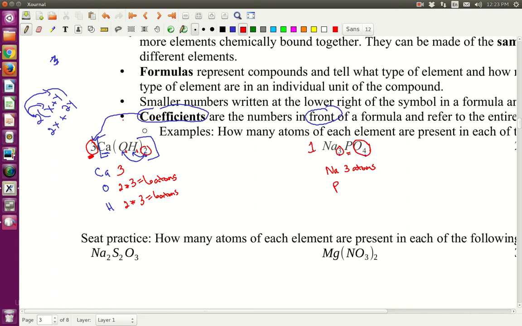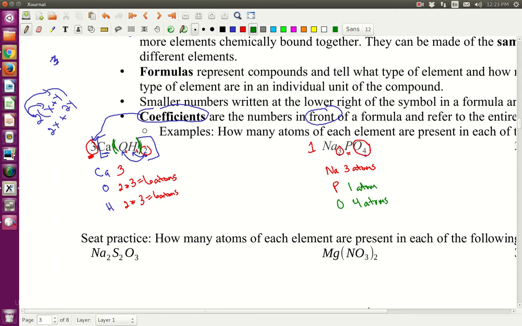See, it has to have parentheses over here, like this one. The parentheses makes that 2 pertain to both the hydrogen and the oxygen. There's no parentheses over here, so for the phosphorus there's only 1 atom. But for oxygen, there are 4 atoms.